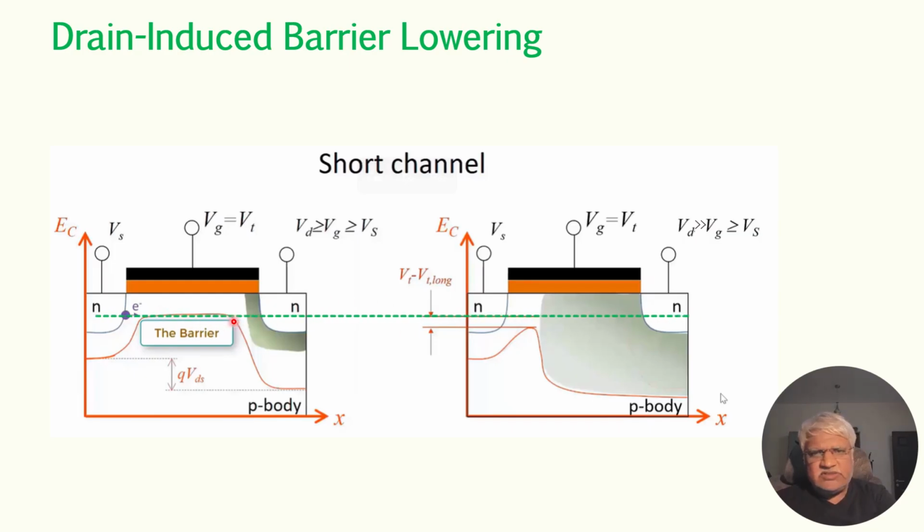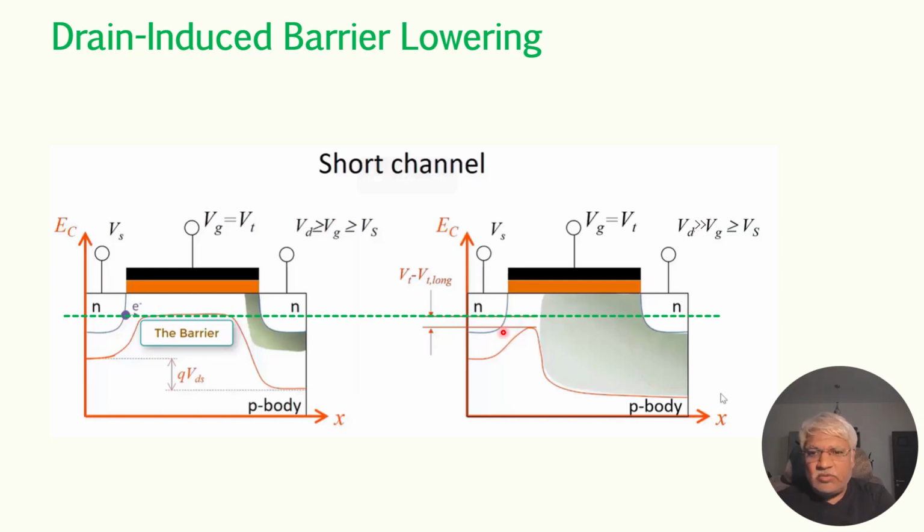You can consider that it is somewhat the same as the long channel NMOS barrier, this one. But now if you observe, because the drain voltage became larger, it has an influence on the region closer to the source. Hence, this barrier got lowered.